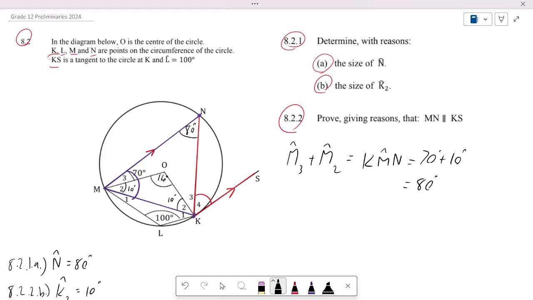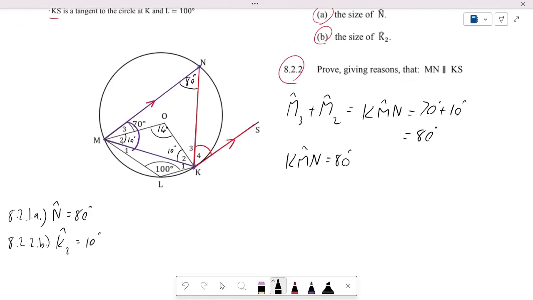Now that we know that KMN is equal to 80 degrees, we can say the following: therefore angle K4, which is this one in red, is also going to be equal to KMN, which is equal to 80 degrees because of the tan chord theorem.